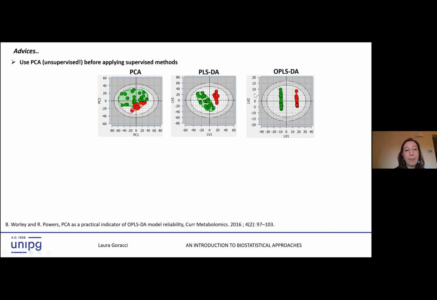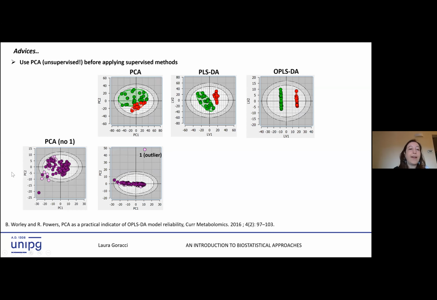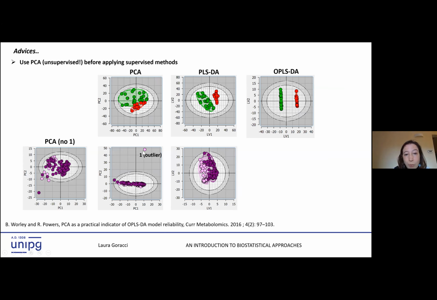But now I am applying this to my bad data, okay? I have an outlier here. And even if I remove my outlier and recalculate my PCA, I have this. They are mixed. But now I take the same data with this big outlier and do PLS-DA. I start to see some separation.